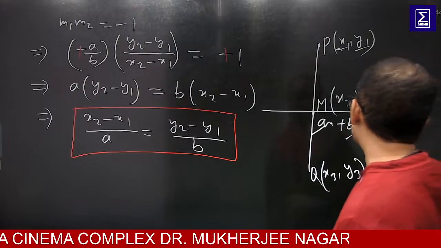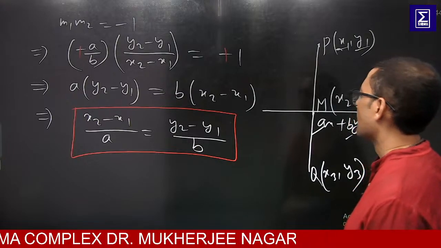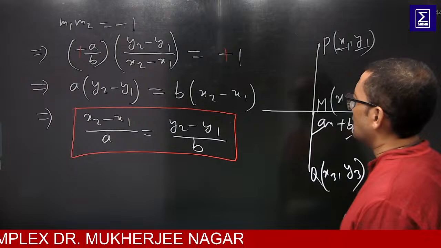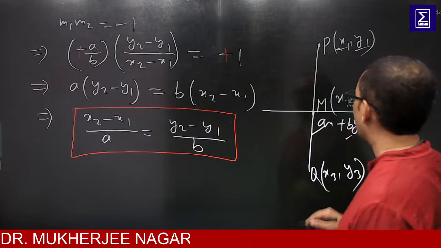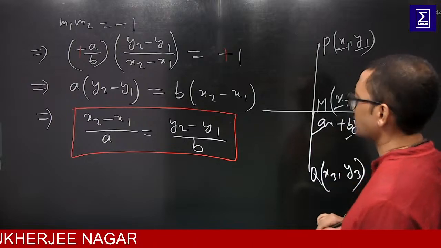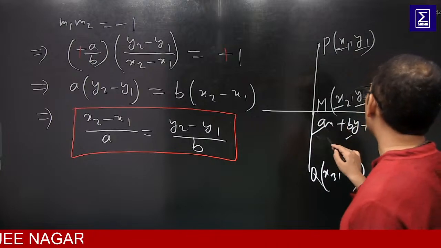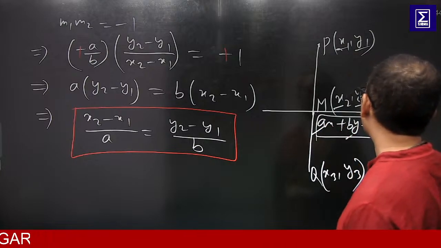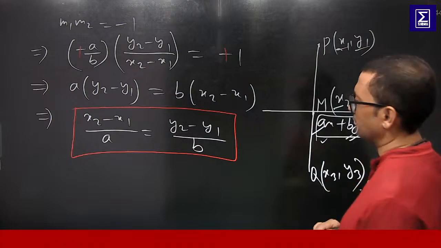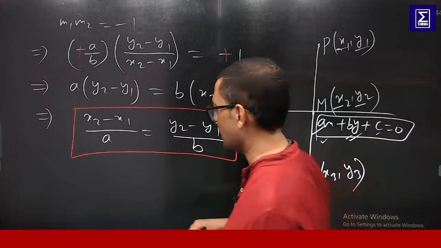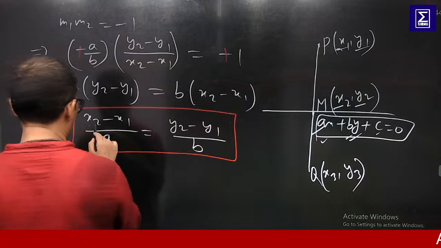Now in this case what we will do is, this x2 and y2, these 2 points must satisfy the given equation ax plus by plus c. So from this relation we can get the values of x2 and y2.